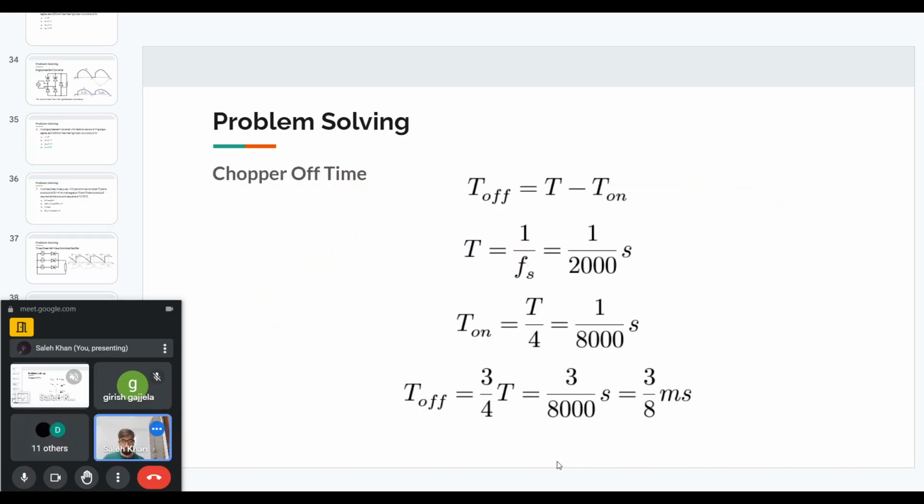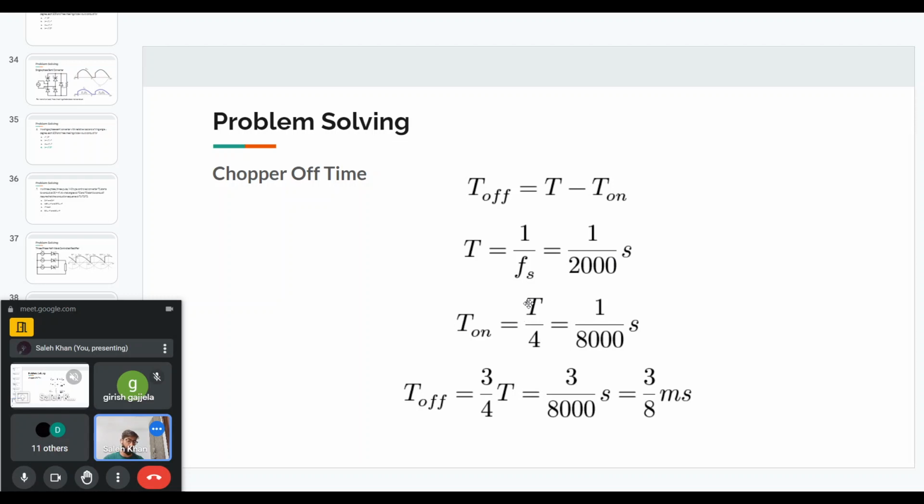Okay, so the T off will be just the total switching time T minus T on. And the switching time we can find as the inverse of the switching frequency, which is 2 kilohertz or 2000. So the total time is 1 by 2000 seconds.